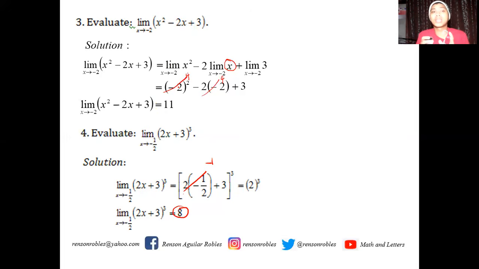Since x cannot be equal to negative 2, then f of x or f of negative 2 cannot be equal to 11. That's the idea of the limit of a given function. That means as you get closer and closer to negative 2, the value of your f of x gets closer and closer to 11. Okay?